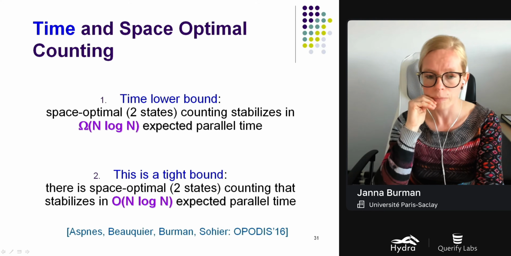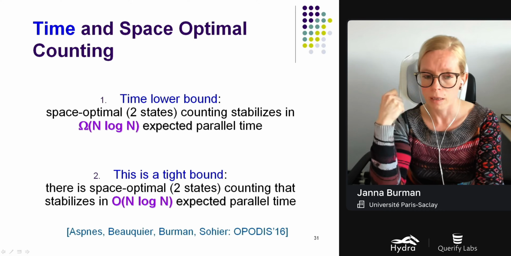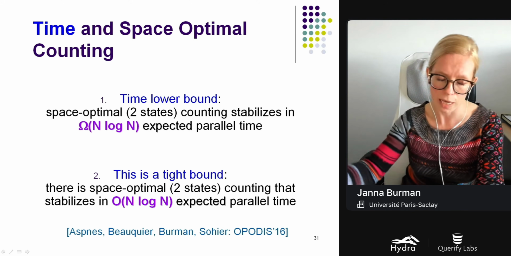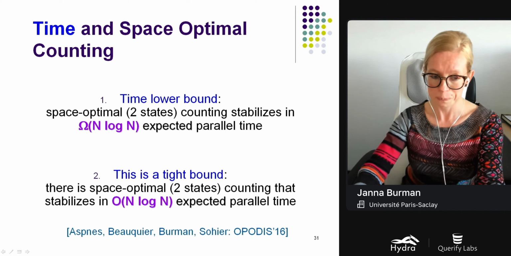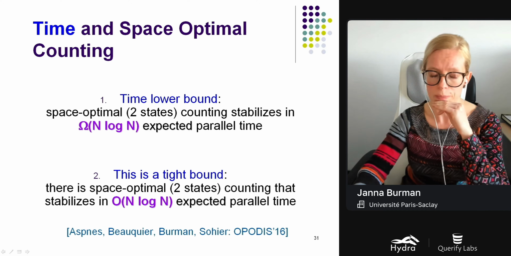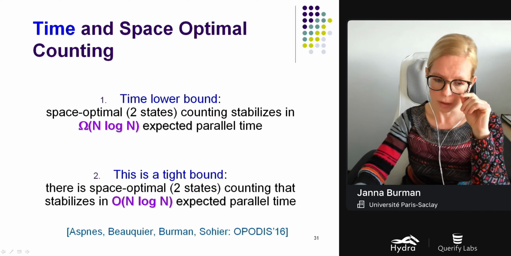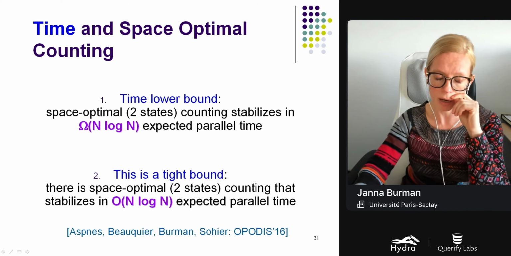In some work we have shown that if we use only 2 states, we have to use at least n log n expected parallel time to stabilize to a correct count. And we also proposed an algorithm, a protocol that reaches this bound.